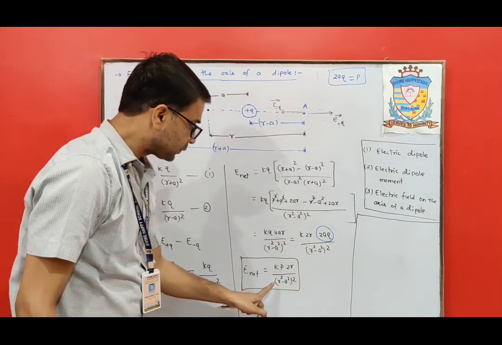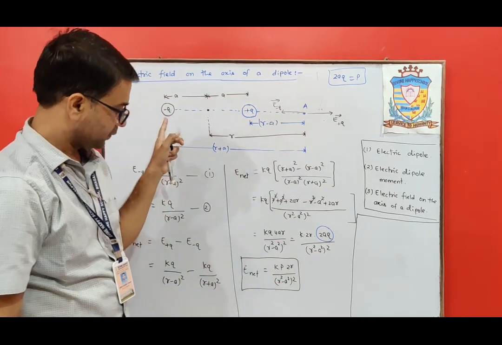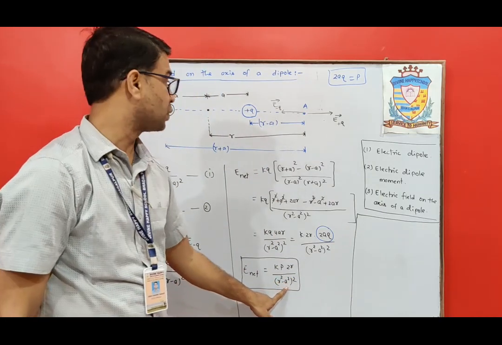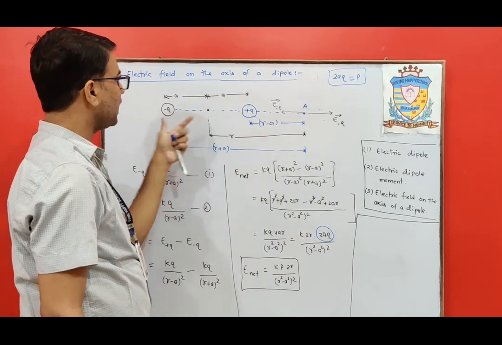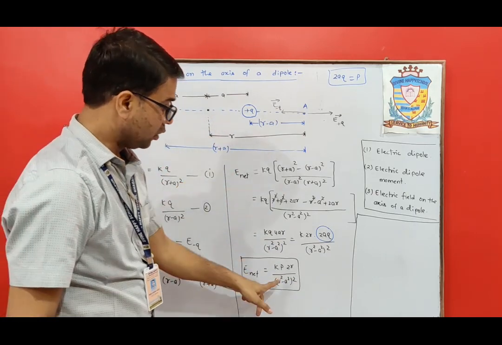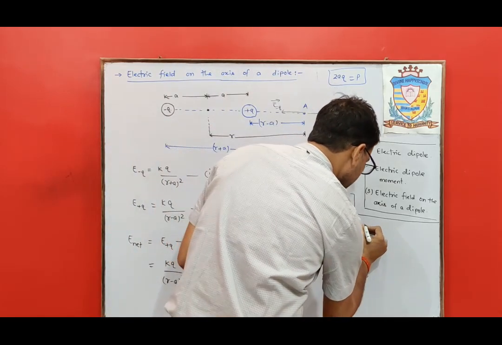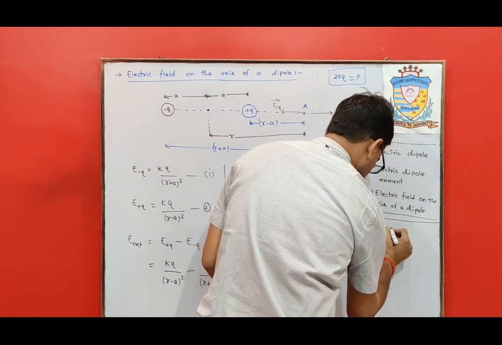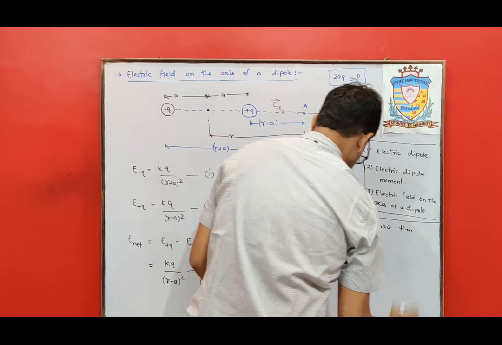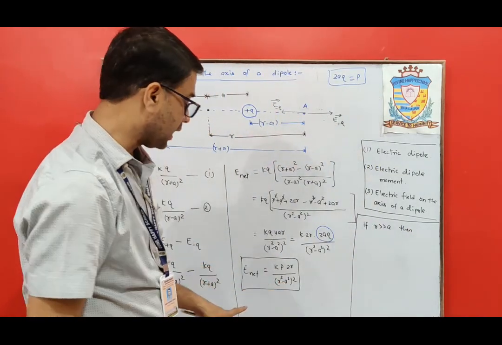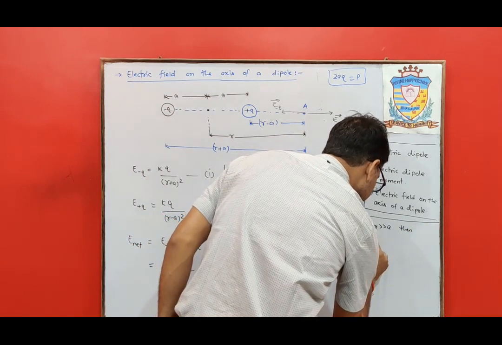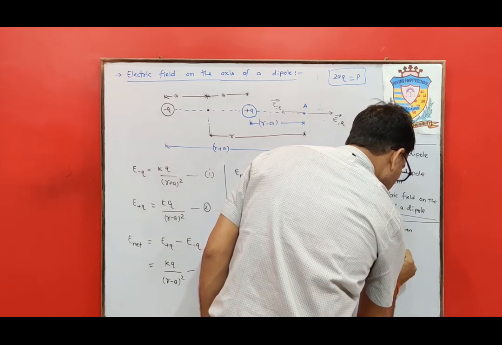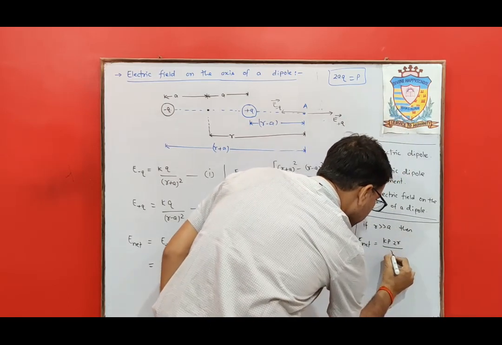As we know, R square is far greater than a square, because the distance between the negative charge and positive charge is very small. So if R is much greater than a, then the terms of a square can be neglected. In that case E net is equal to k p 2R upon R to the power 4.